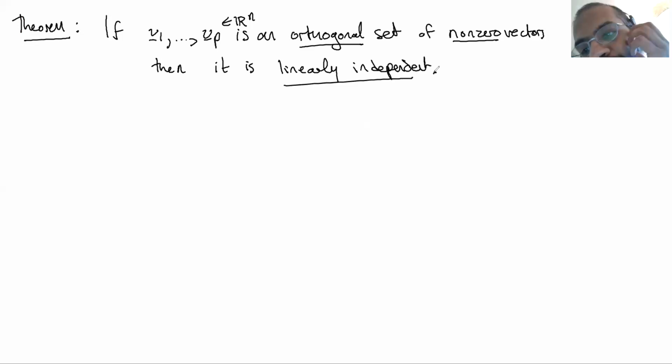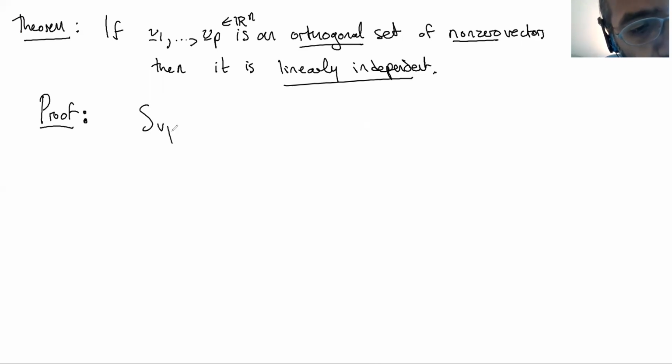This connects orthogonality, the geometric notion that pairs of vectors are perpendicular, to a linear algebraic notion, which is linear independence. So it's an important theorem, and let's see the proof. Suppose the vectors are orthogonal, and suppose some linear combination is 0.